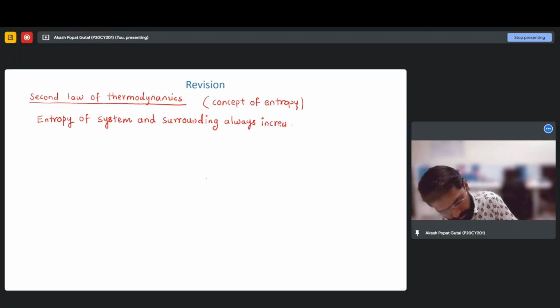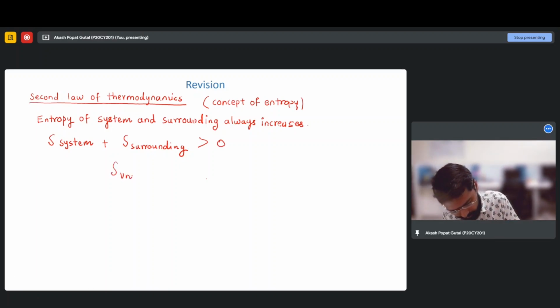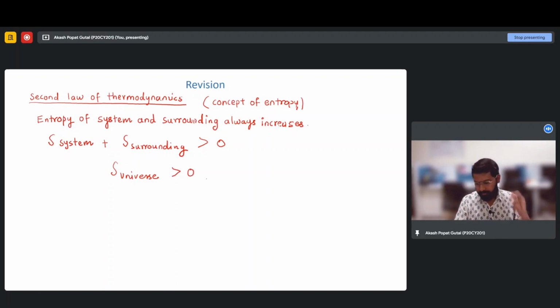Or we can say the system entropy plus surrounding entropy is always greater than zero. So we can say the entropy of universe is always greater than zero. So the entropy of universe always increases.